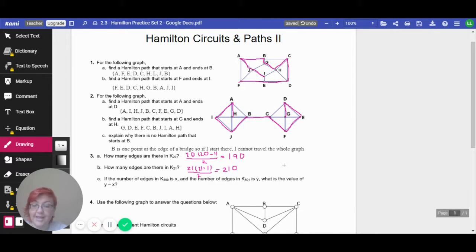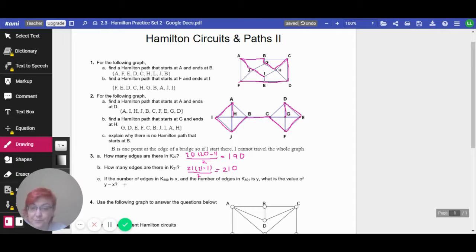Okay. If the number of edges in a K500 is X, and the number of edges in a K501 is Y, then what is the value of Y minus X?